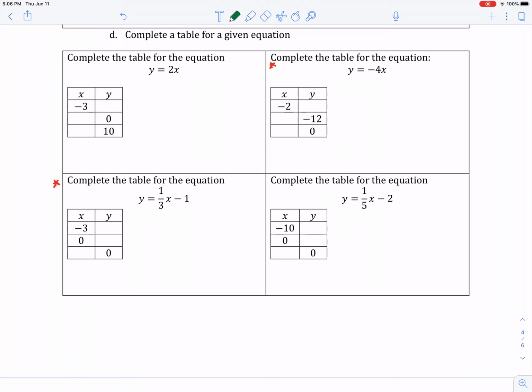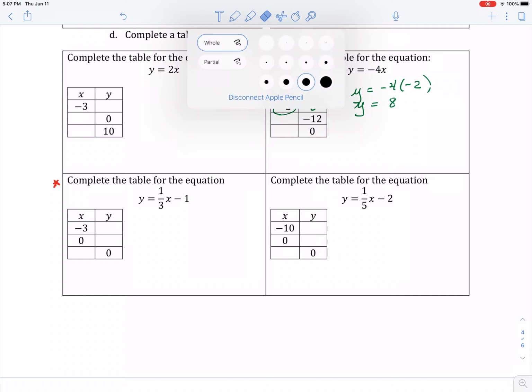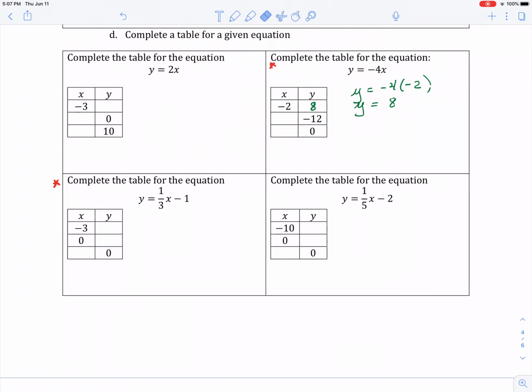All right, so the first one I'm going to work with here is an x value of -2. So I'm going to take this equation, plug in for x with -2, do the arithmetic, and come up with a corresponding value of 8 when x is -2.